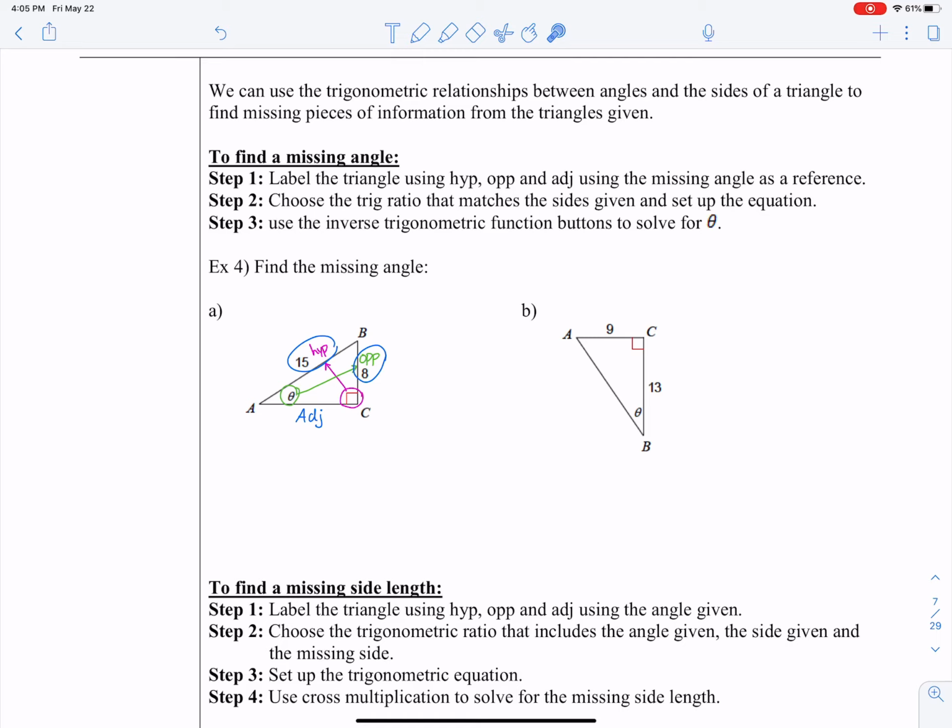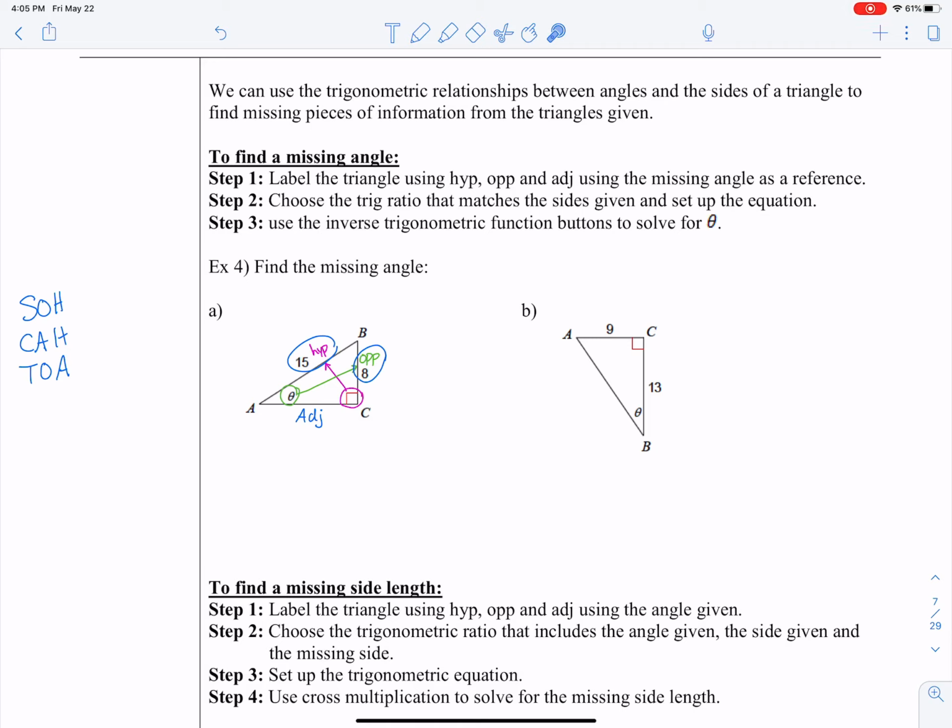We're going to look back at our ratios, our SOHCAHTOA. And we're going to find out which one uses opposite and hypotenuse.